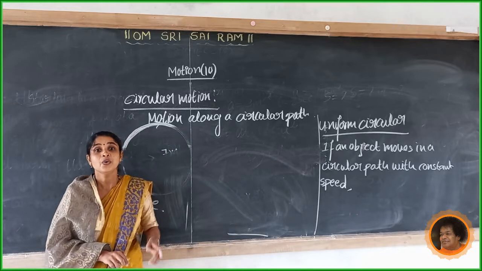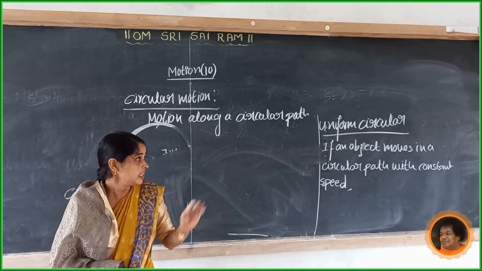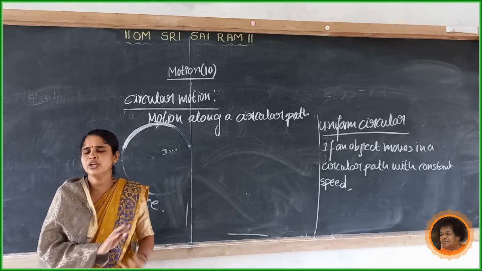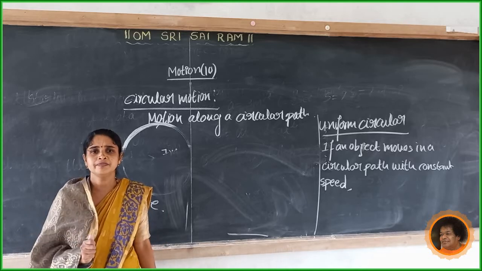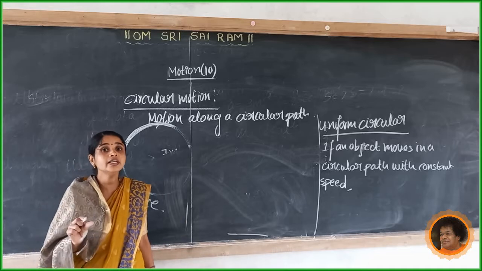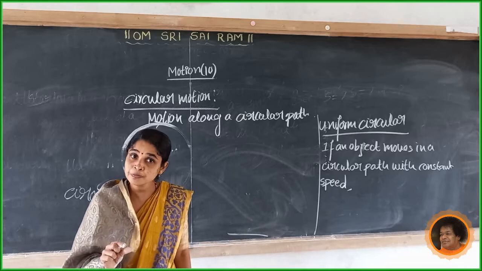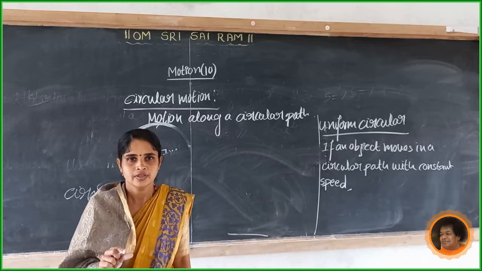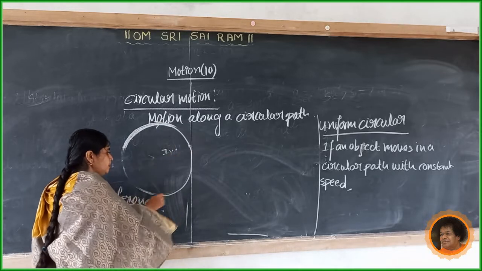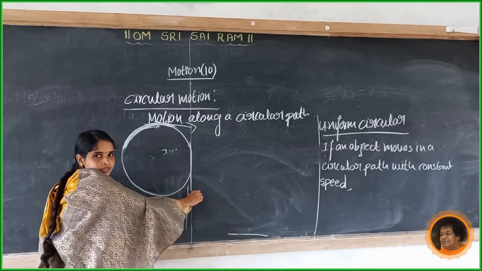But velocity is not constant. In uniform circular motion, speed is constant, but velocity is not constant. Why? We know that velocity contains speed and direction. Here speed is constant, but the direction of motion changes.